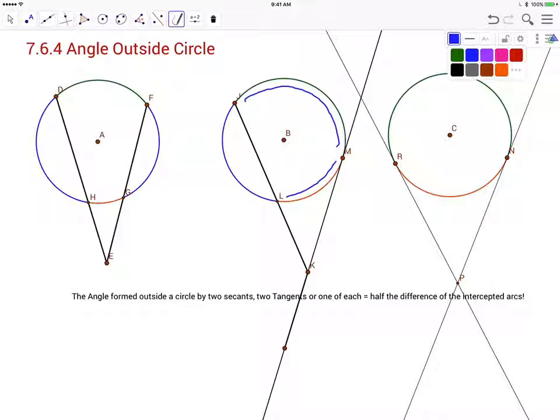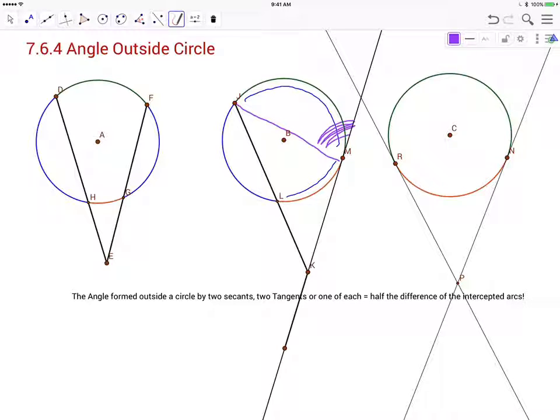And let's do it in purple, why not? If I do the same thing and I connect this piece, what we have here, again, is a chord and a tangent.